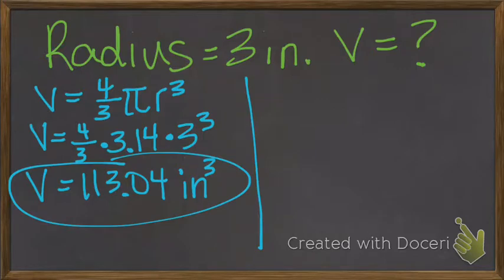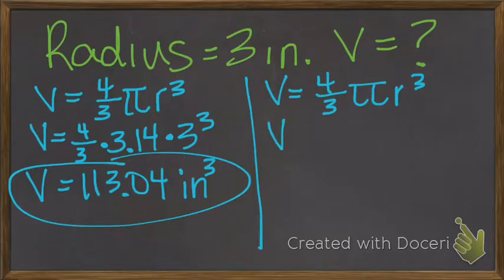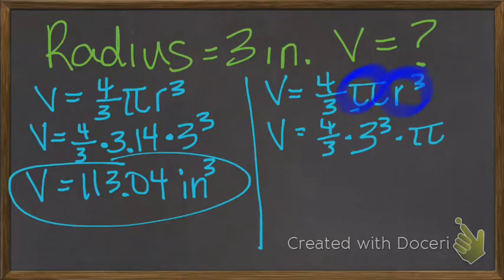There's another way to calculate that, of course, if we don't approximate pi as being 3.14. What we would do then is we would just do 4/3 times radius to the third power times pi. So all I did was I flipped these last two parts of our formula.